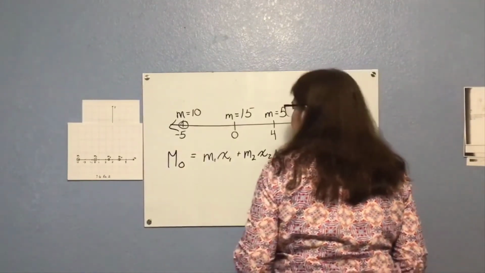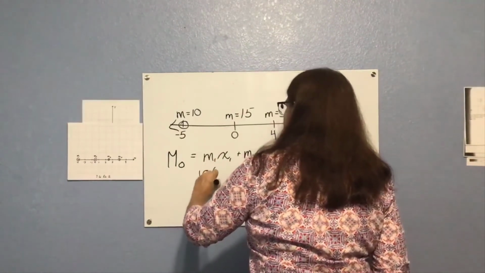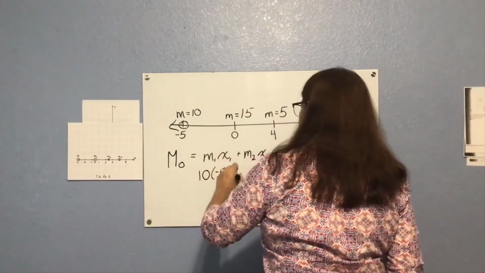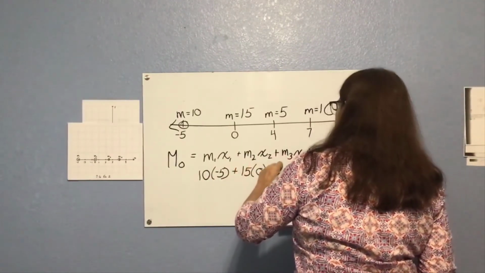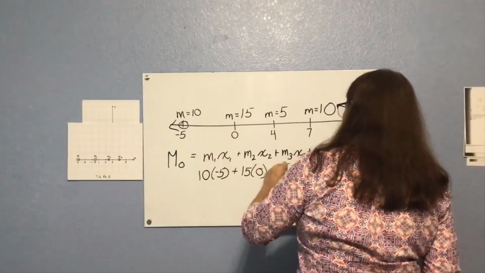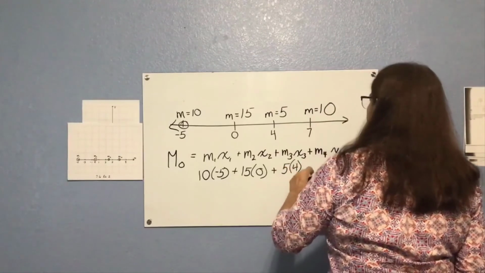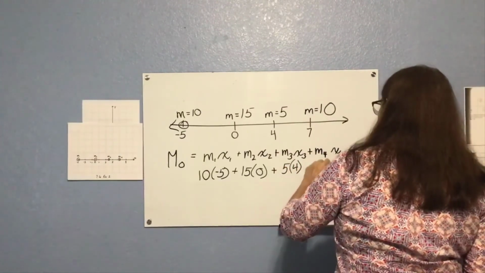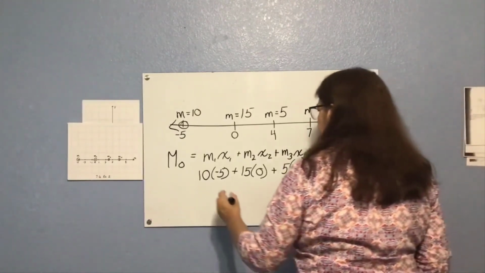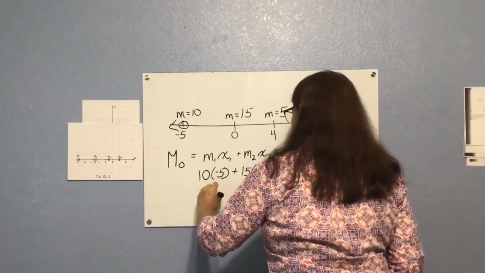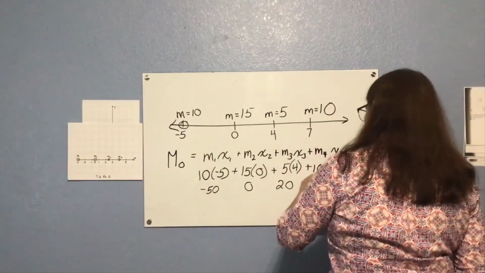So let's just put the numbers in. Our first mass is 10 at -5. Our second mass is 15 at 0. We've got 5 at 4. And then we've got 10 at 7. Okay, so I've got -50, 0, 20, and 70.